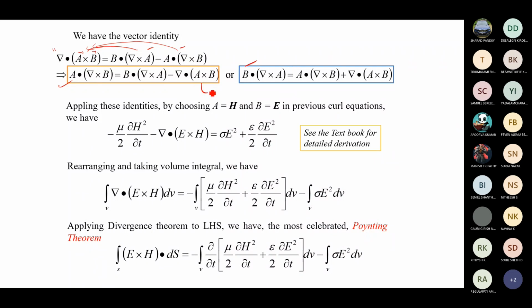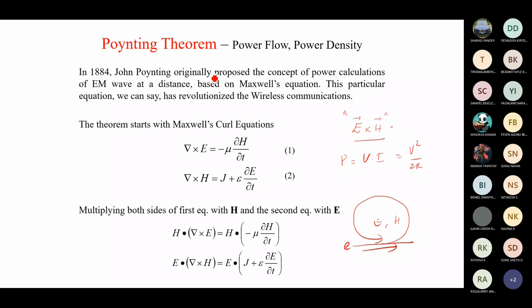In order to get del cross A B, we can isolate this quantity, the two-vector cross product. We very well know that if we have A equal to the magnetic field and B equal to the electric field, these terms are directly available in Maxwell's equations, and that too in the time-dependent form, often referred to as the curl equations.